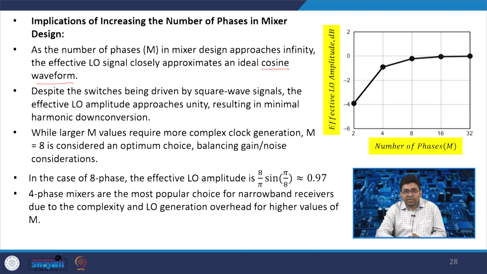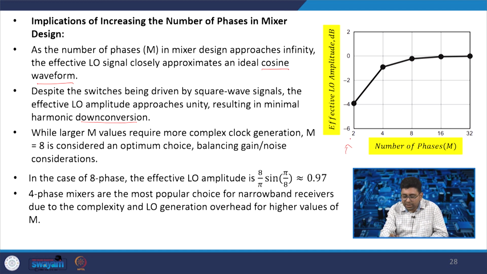And despite the switches being driven by square wave signals, the effective LO amplitude approaches unity, resulting in minimal harmonic down conversion. While large m values require more complex clock generation, it is much better. That is why one graph is plotted for the number of phases m with respect to effective LO amplitude.